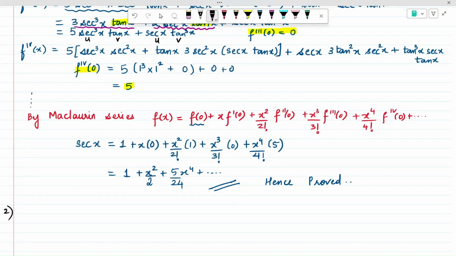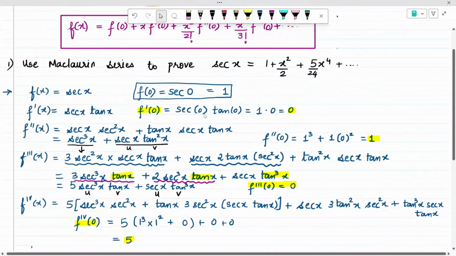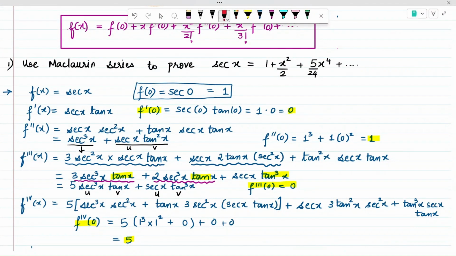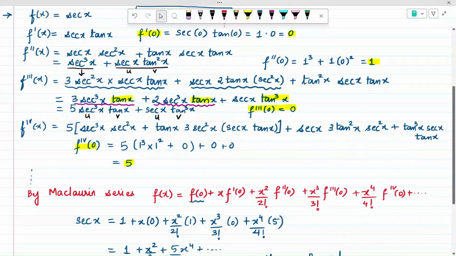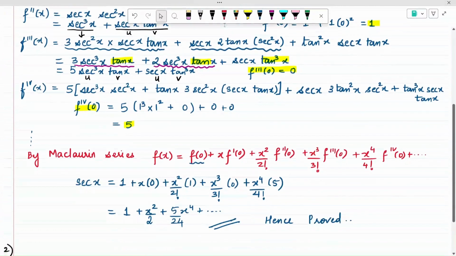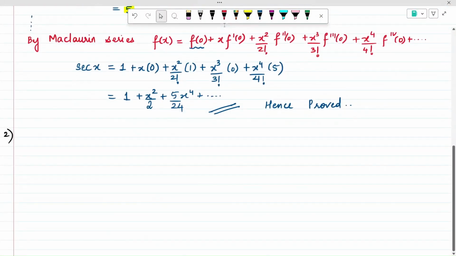The previous question was asked in the university paper of 2018. It will not be more than 5 marks question because it's just finding four derivatives and just putting in the values. So it's not going to be more than 5 marks question.